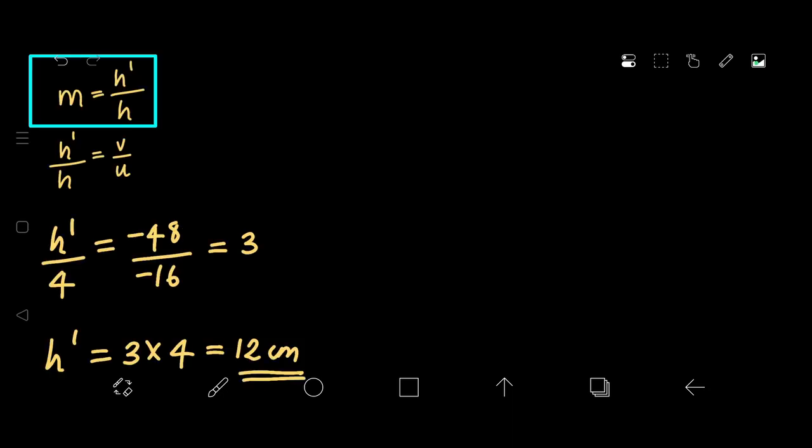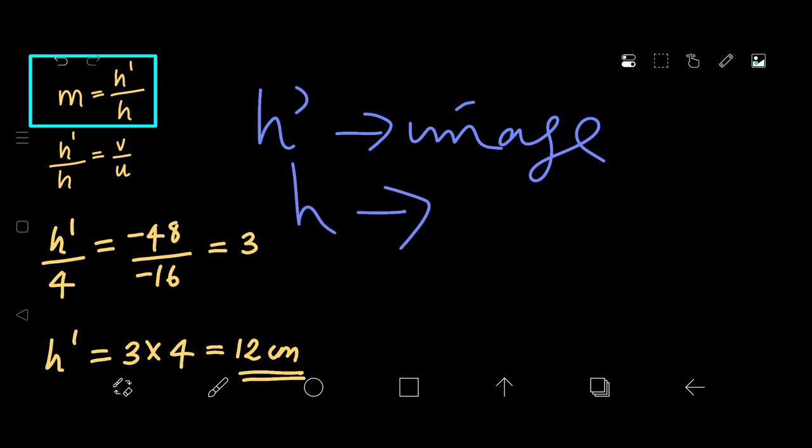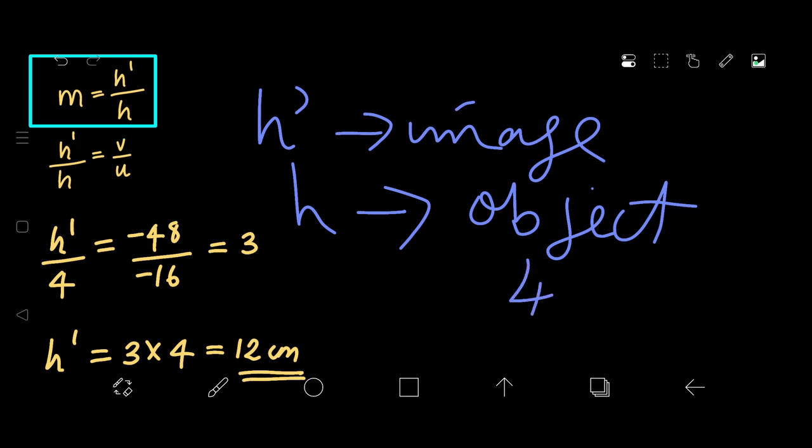Now we can find out the size of the image. Magnification m is equal to h dash by h, where h dash is the height of the image and h is the height of the object. It is given as 4 centimeter. h dash by h is equal to v by u. Now substitute the values.